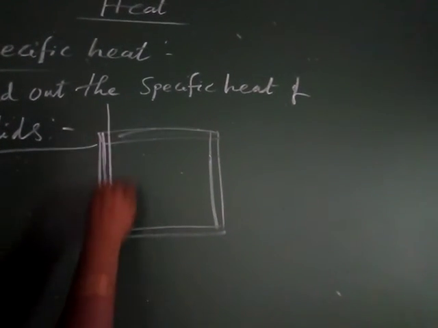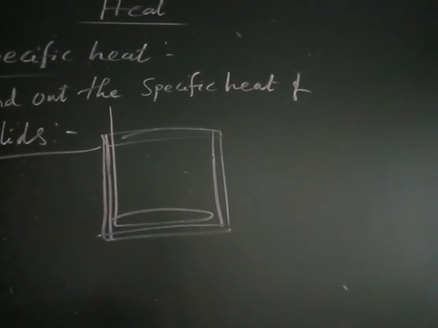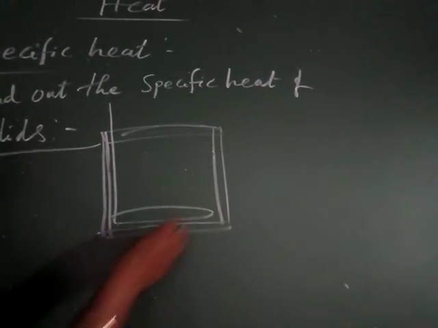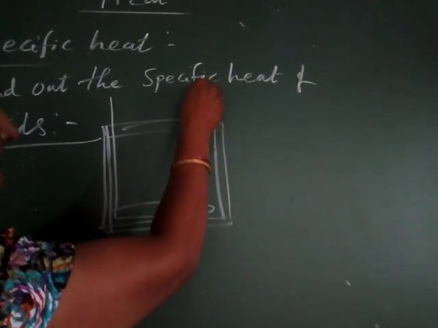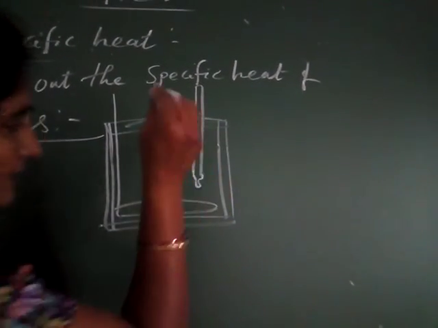Here there is a stirrer. For stirring, for mixing the complete mixture, we are using the stirrer. There is one hole to insert a thermometer to find the temperature inside.